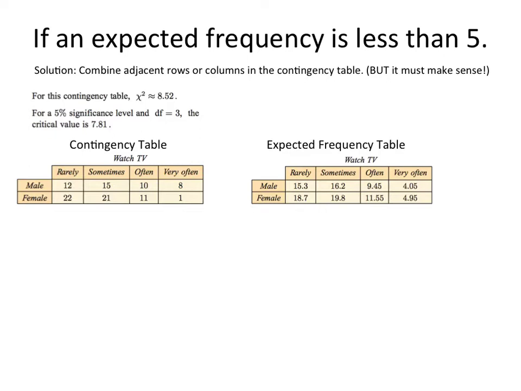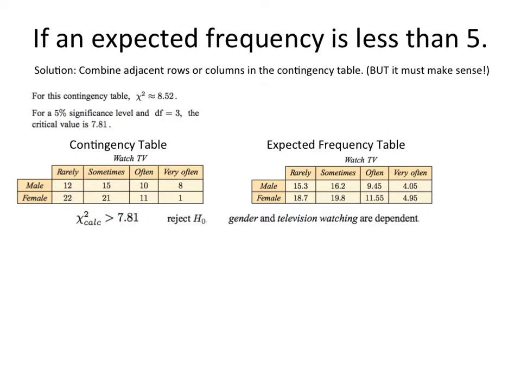So this is our contingency table, and when we make an expected frequency table, it looks like this. These are the values that we would expect if our variables really were independent. So our chi-squared calculated value, 8.52, is bigger than our critical value, which, remember, is found from our table or from the question, it's usually given to you. 8.52 is bigger than 7.81.